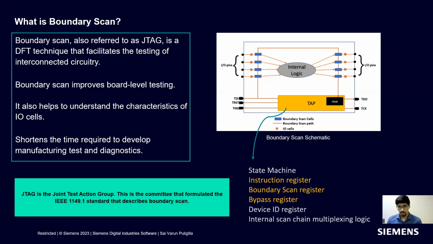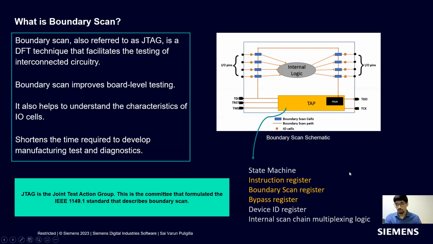That's the advantage. And these yellow highlighted registers are the mandatory registers in a TAP controller, whereas the device ID register is an optional register. That is basically used to identify the ID of an IP in a whole design. So this is about the boundary scan overview, and this is done at the top level.